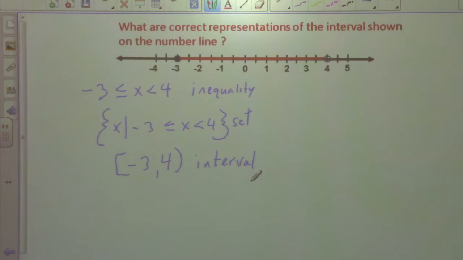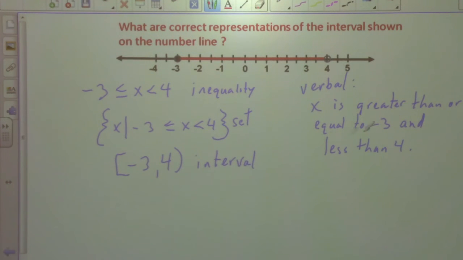Representations. Okay. One is called verbal. Verbal is going to be X is greater than or equal to -3 and less than 4.